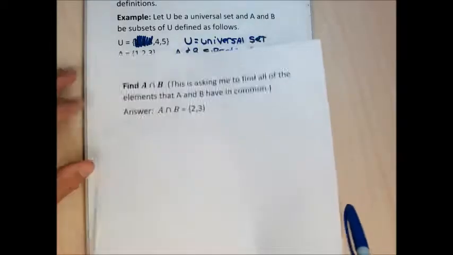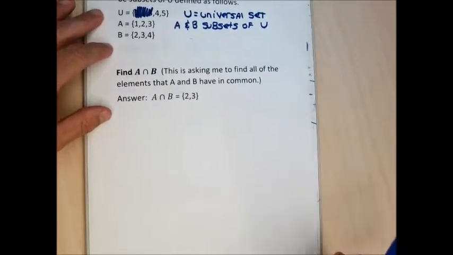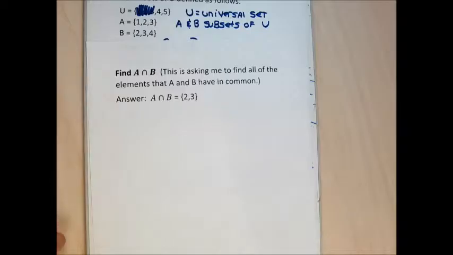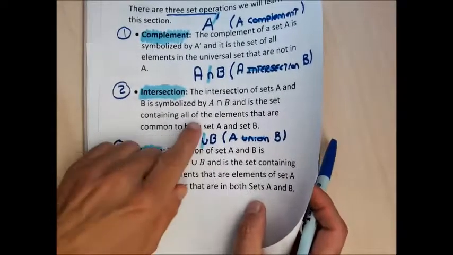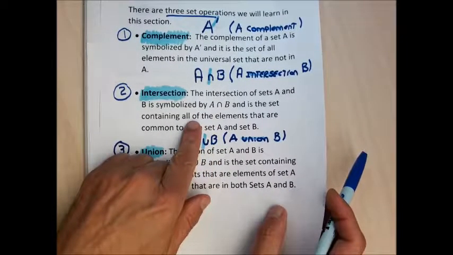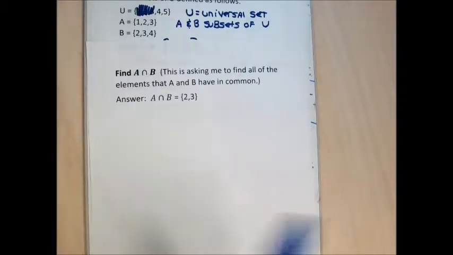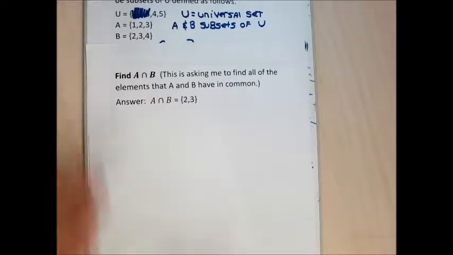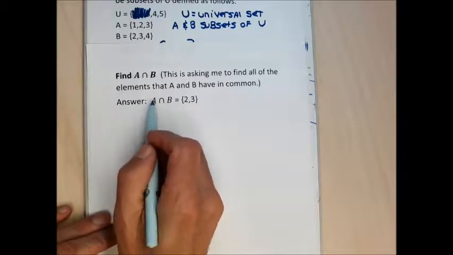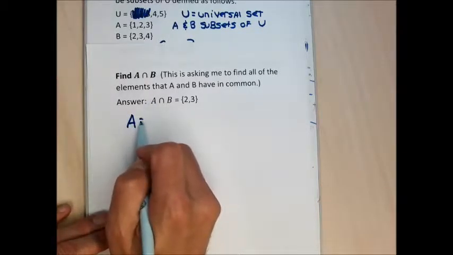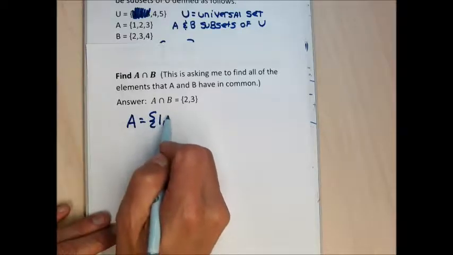The next thing I ask us to do is find A intersection B. And A intersection B is the elements that are in common between both sets A and B. Super easy to find the intersection of sets A and B. If I look at set A, it has the numbers 1, 2, and 3.